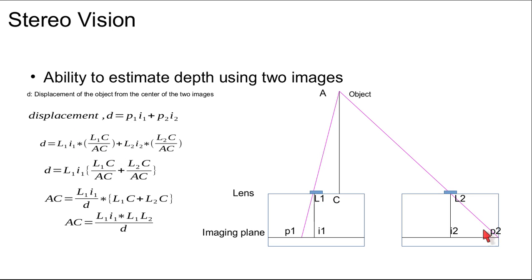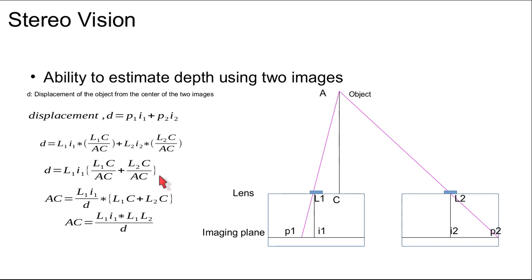Similarly, elementary geometry also tells you that P2 I2, this distance here, is given by L2 I2 multiplied by L2C and divided by AC. Therefore, P2 I2 is equal to L2 I2 into L2C divided by AC. This corresponds to this part here.